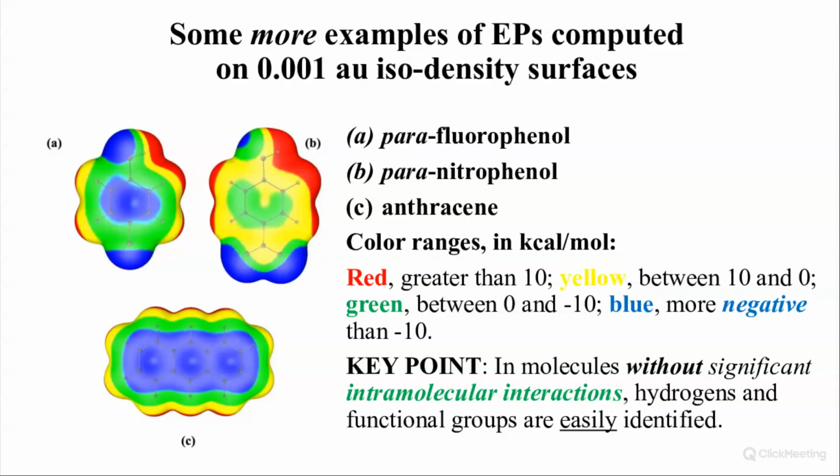And what you see, my key point here, is that if there's no significant intramolecular interaction, then you can say, oh, there's the OH hydrogen, same thing here, the nitro oxygens. You can spot each hydrogen has a little positive region. In this case, yellow and red are often positive, and green and blue negative.